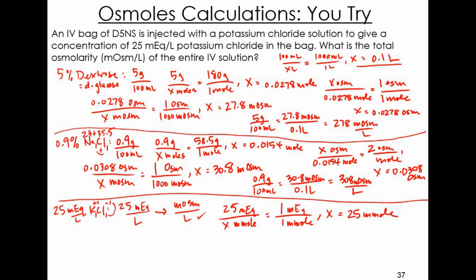25 millimoles. Okay, and then we want to know how many milliosmoles are represented by 25 millimoles given an osmole per mole for the salt of, we add the subscripts together, 2 milliosmoles per millimole.